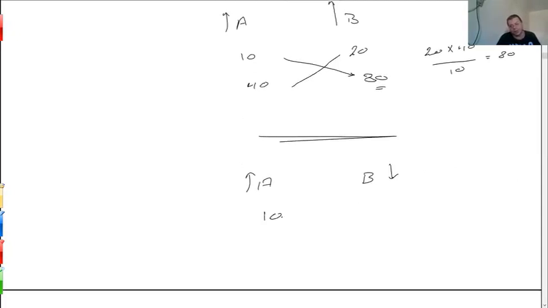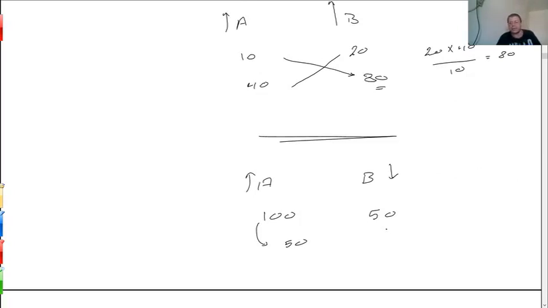If this one is 100 and this one is 50, and now this one is converted to 50, this one will be what? It will be 100. This one decreased, this one increased.